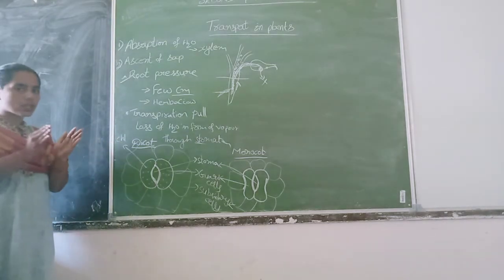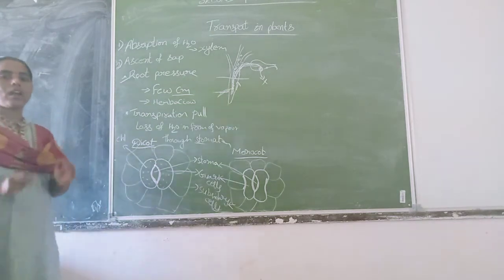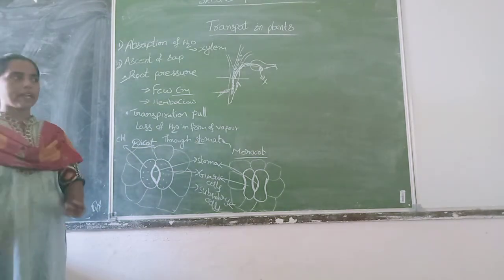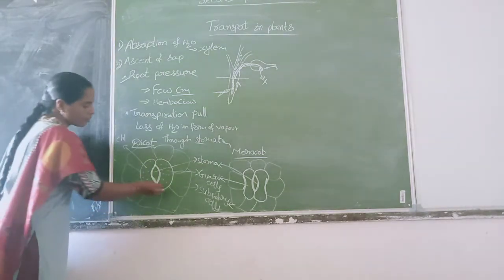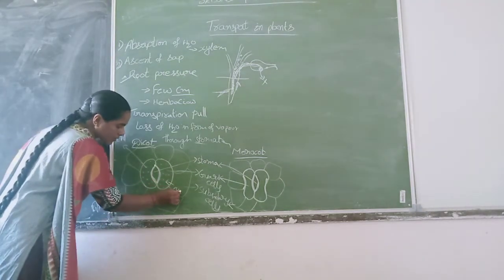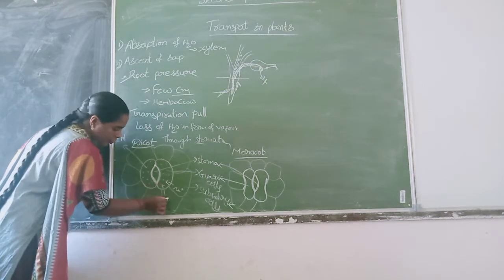Then how does that closing and opening of stomatal aperture take place? By the movement of sodium ions and potassium ions.